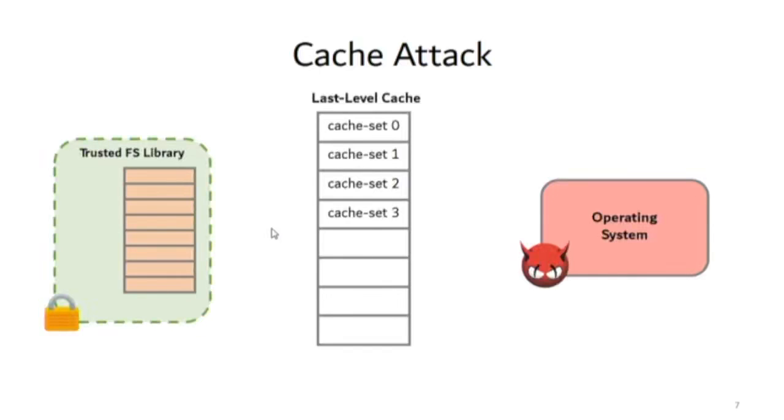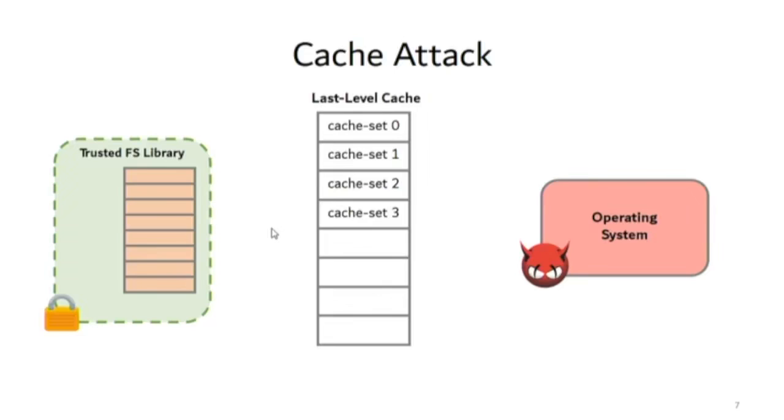Let's move on. The second very important attack is the cache attack. The cache attack is not really a new attack. It's been around for more than 15 years now, I guess. The cache architecture, as you would definitely be familiar, is shared by all processes, enclave or non-enclave, SGX or non-SGX programs.